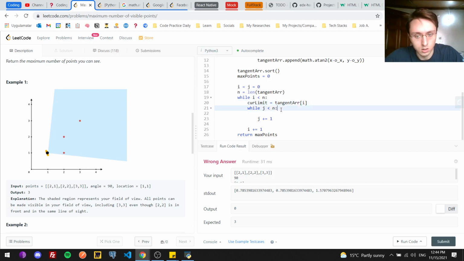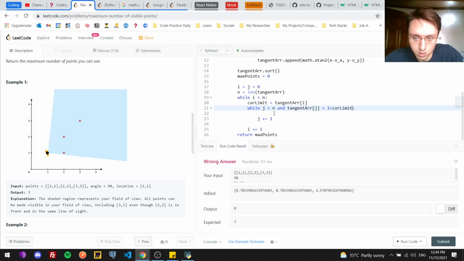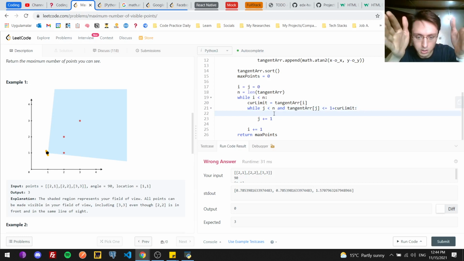I want to move while my tangent array j is less than 1 plus my current limit. So it can also be equal, that is fine. So I go in, my limit is 0.78, I put 1. We just go until that point.